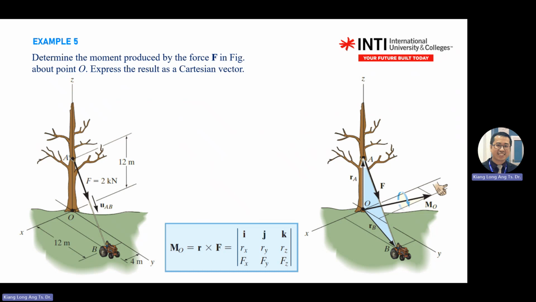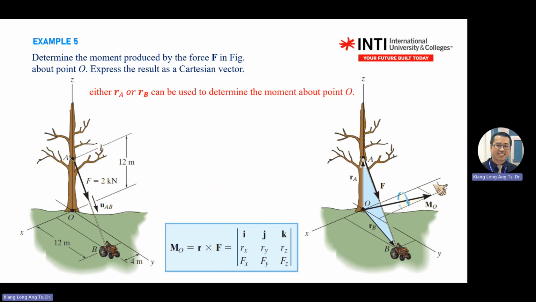Because you only need one R and one F, you can either choose O to the tail, meaning O to A, or you can choose R to the head of the force. It doesn't matter because of the principle of transmissibility. You can use either RA here or RB here, the same, creating the same moment, because it doesn't change the line of action of the force. So if you take R cross F, you still get the same moment. RA cross F still gets the same moment as RB cross F.